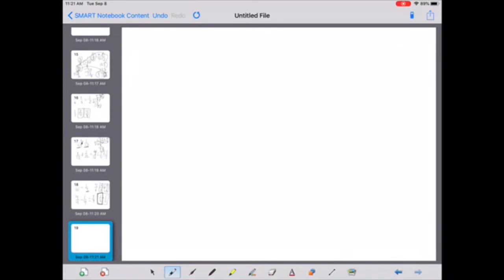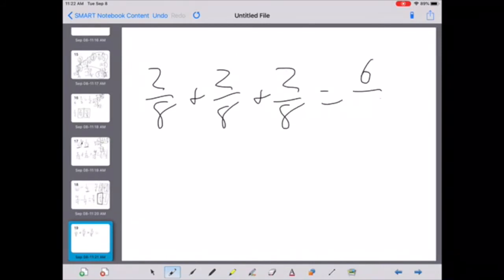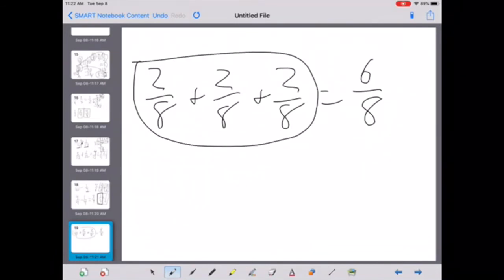28, 3 of what fraction equals 6/8? So I have 6/8, and I'm dividing it by 3. That's 2/8 plus 2/8 plus 2/8 equals 6/8. But they want to know what that reduces to.